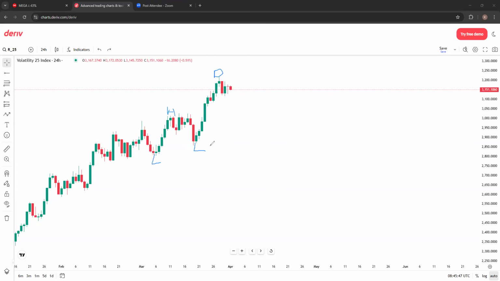So now, instead of saying this is A, B, C, D, what you can say is this is now your A, and this is now your B. You're now expecting the existence of a C and the existence of a D move.